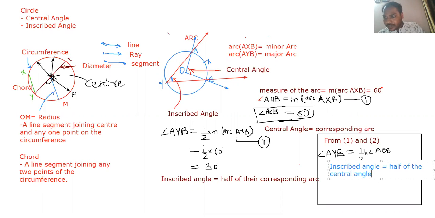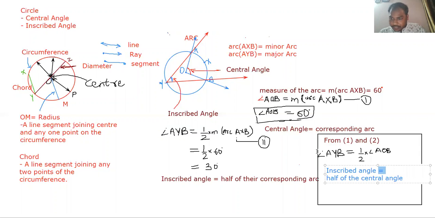This is also one relation we get from the statements written from 1, 2, and 3. Just go through this. So this is the property of the central angle and inscribed angle. Okay, thank you very much. We are done with this.